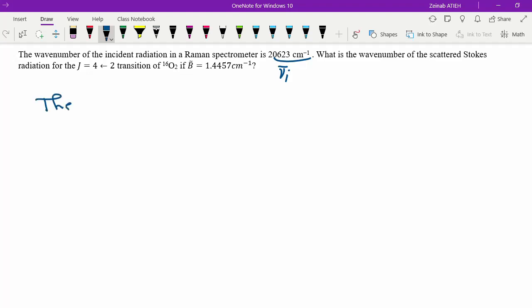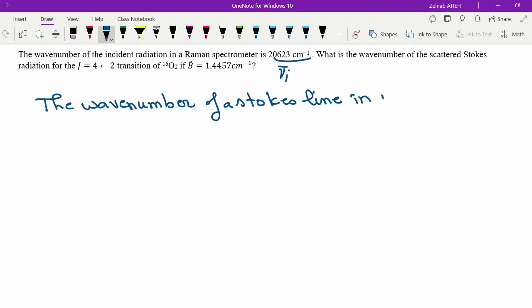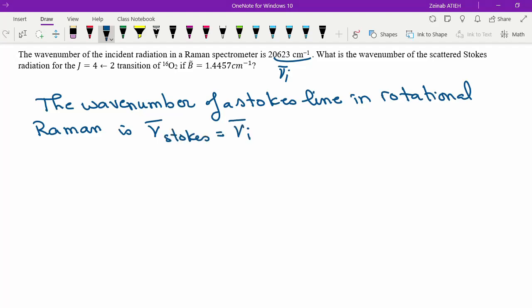Let me remind you, the wave number of a Stokes line in rotational Raman is, so the wave number for Stokes, it's equal to mu I bar minus 2B bar (2J plus 3).